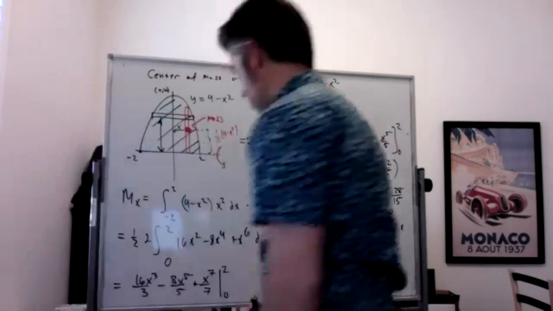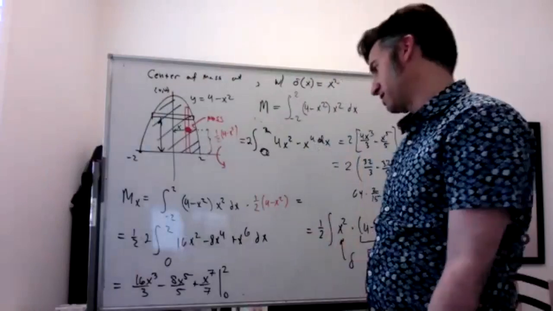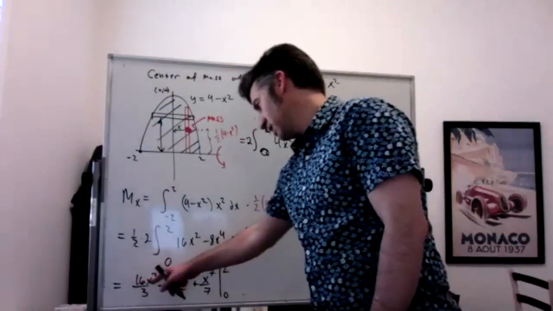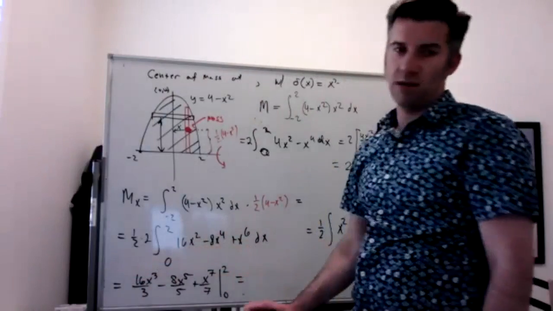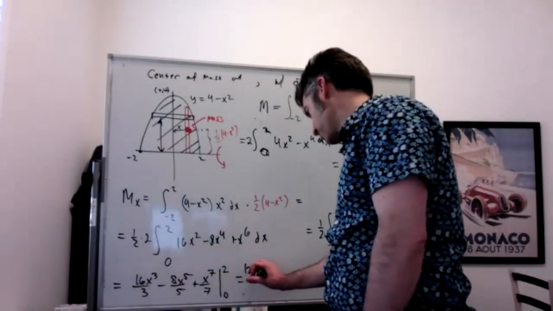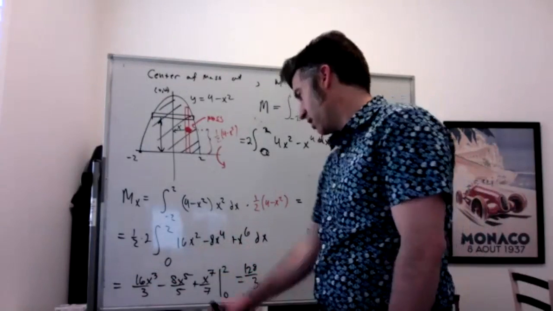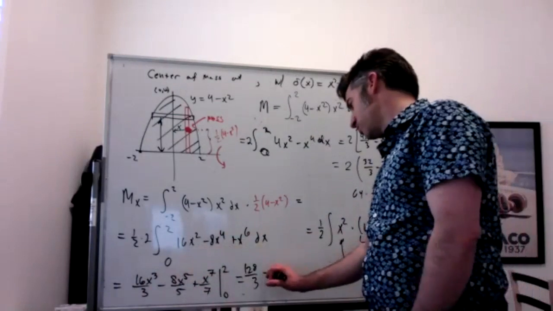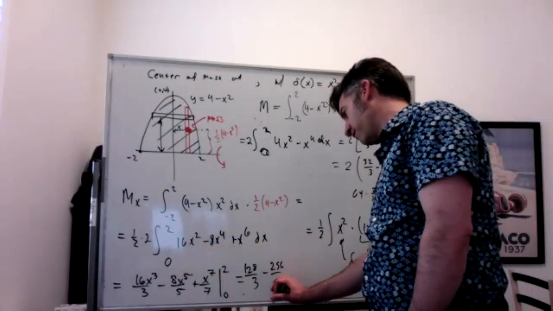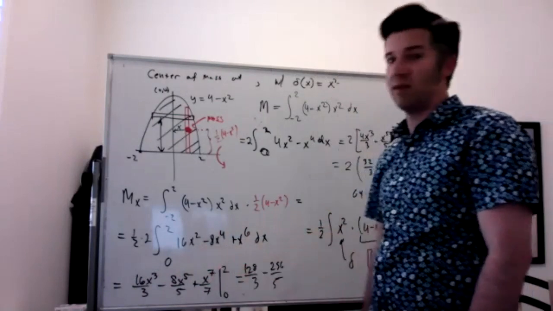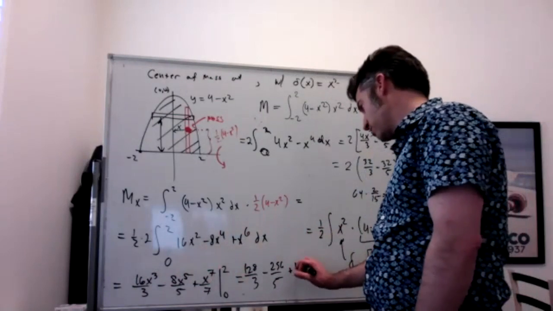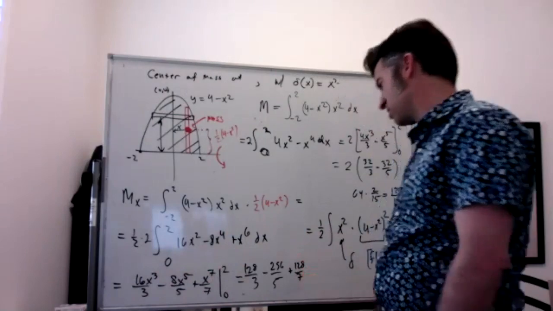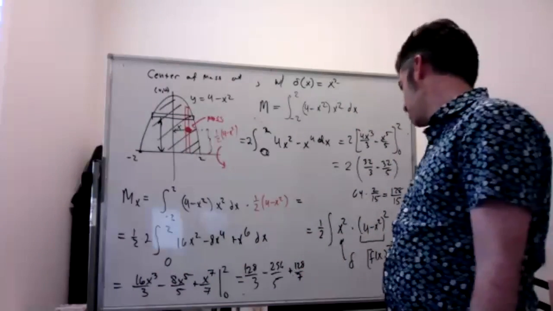And when you plug in 2, here's something that's kind of nice. 16 times 8 is 128 over 3. 8 times 2 to the 5th is 256 over 5. And 2 to the 7th is also 128 over 7.